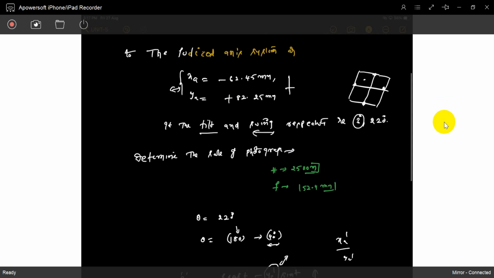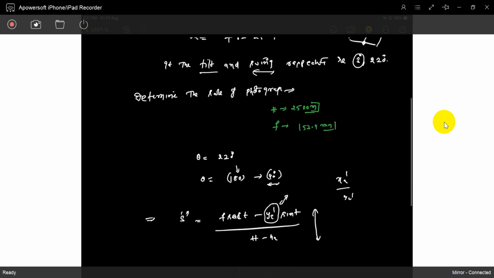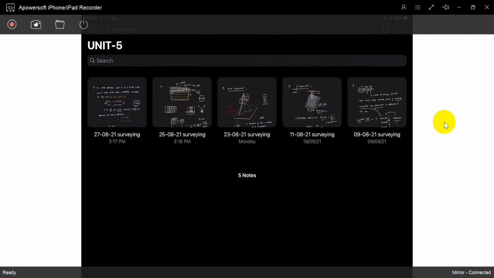But we have to find the coordinates with respect to the tilted axis. Then only you can solve the scale, because every point has different scale. In the previous case also every point has different scale based on the height, but in this, y is also included in the scale. Why do you get that y? We already discussed.